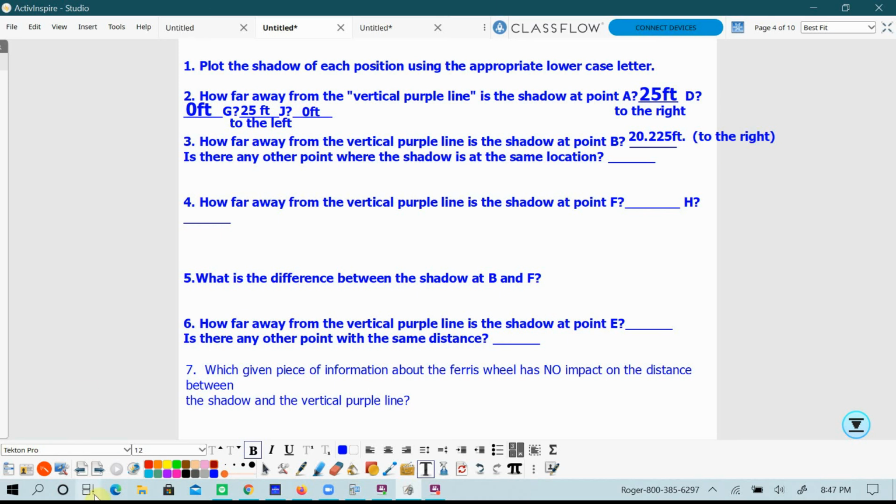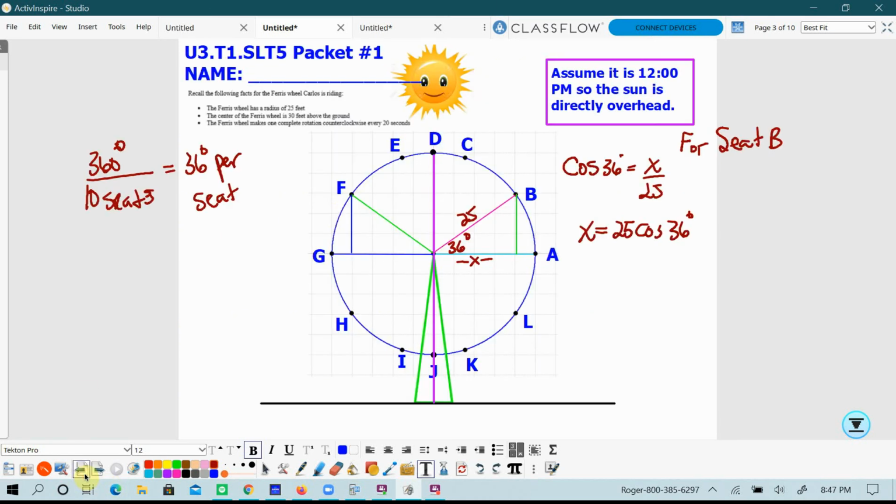Now if I look at my Ferris wheel closely, I notice at point F, like B, its shadow has the same horizontal distance from the vertical purple line as seat B does. So it'll be exactly the same if you look at these distances here and here. The only difference is this is to the left of the vertical purple line as this was to the right.